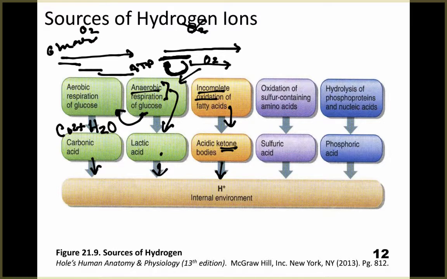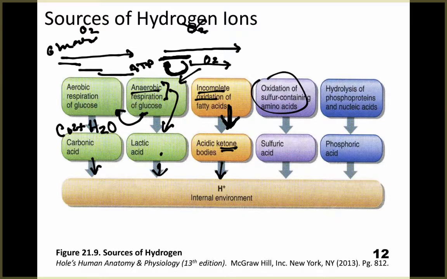And a perfect ketone here is, think acetone. And so if you have uncontrolled diabetes, this is a process that you'll go through, and this is what leads to that ketoacidosis that happens. And this happens shortly in ketosis.